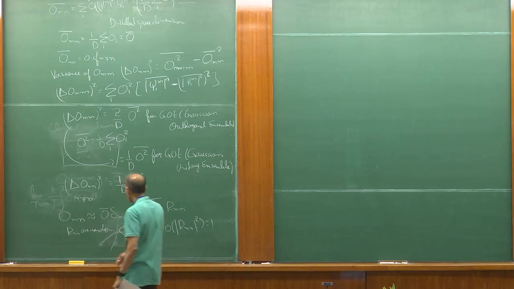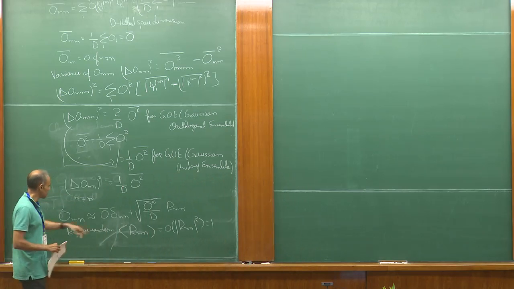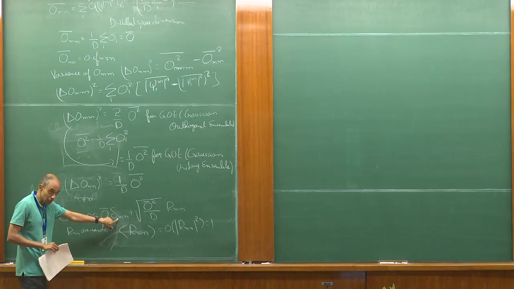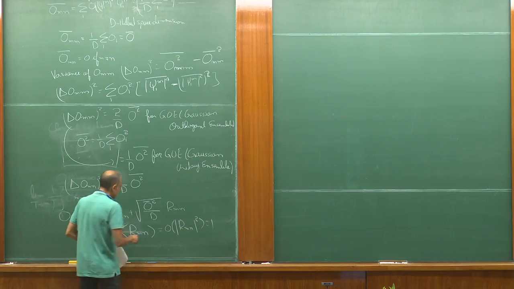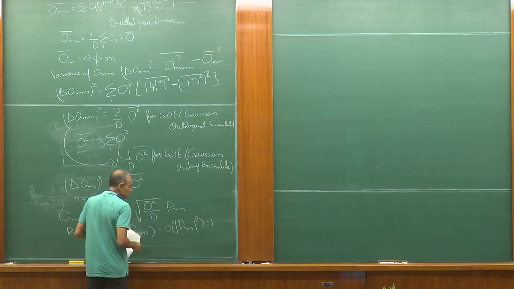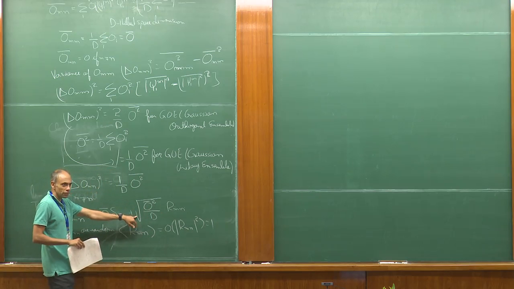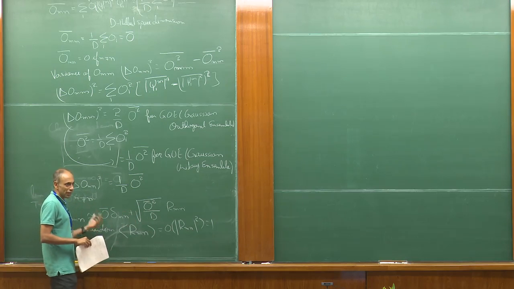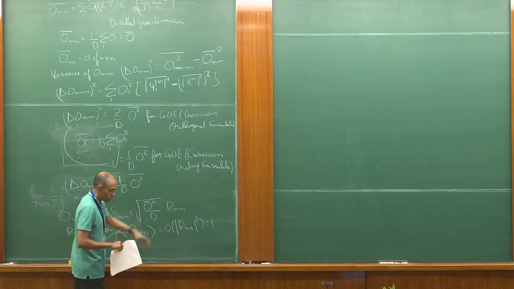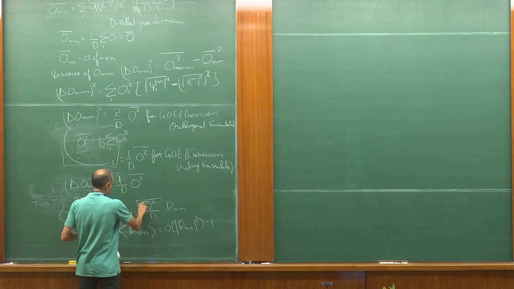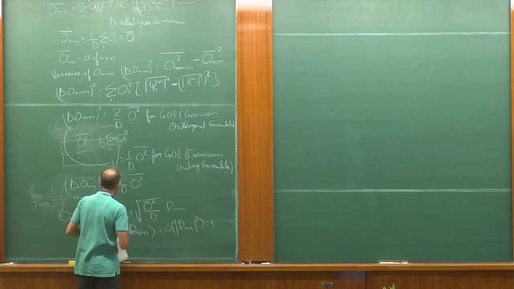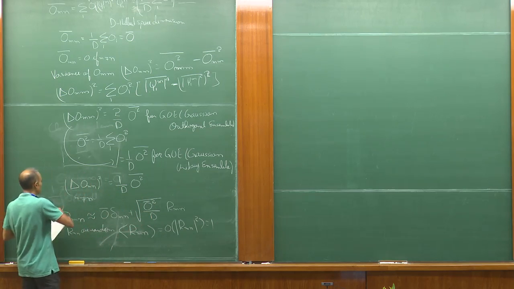The mean value for diagonal matrix elements is O bar. For off-diagonal matrix elements, it is 0. As far as the variance is concerned, we only need to worry about the variance of the off-diagonal matrix elements, because the mean is 0. For the diagonal matrix elements, in any case, the mean is non-zero. And so we can write it in this way. The factor of square root of O bar squared by d is really just coming from taking the square root of this.